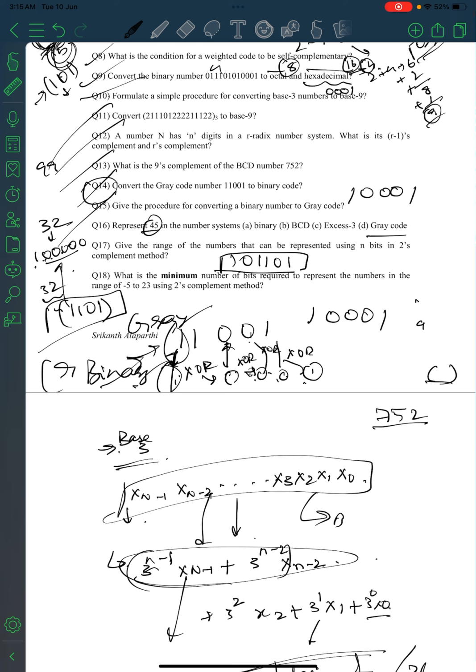And to get BCD, we just need to represent each digit separately in binary.